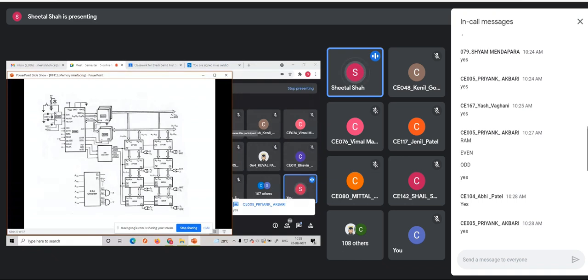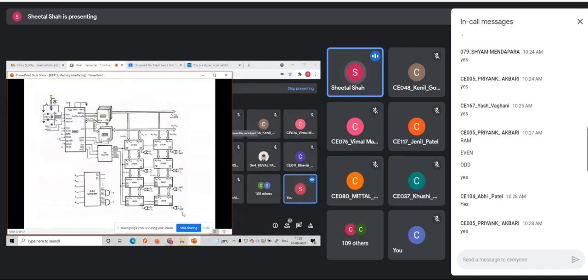Okay, so now this y1 dash, you can see that it is here. Is it visible? This y1 dash is ORed with A0 and connected to the chip select line, so that means set 2's RAM even bank is represented here, connected through y1 dash as well as A0.